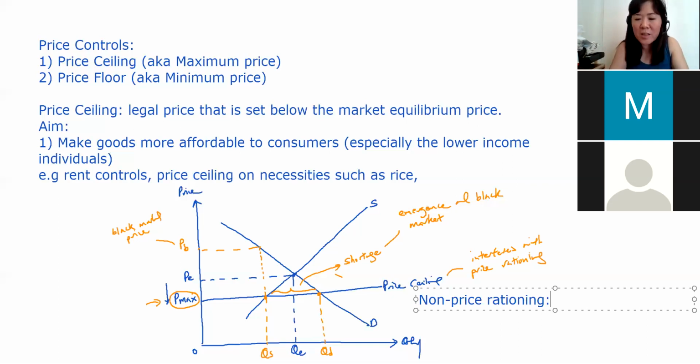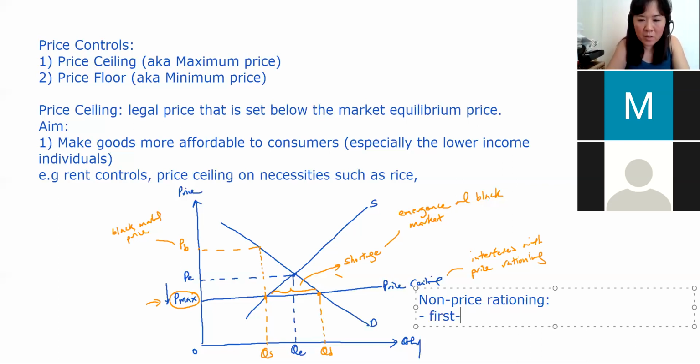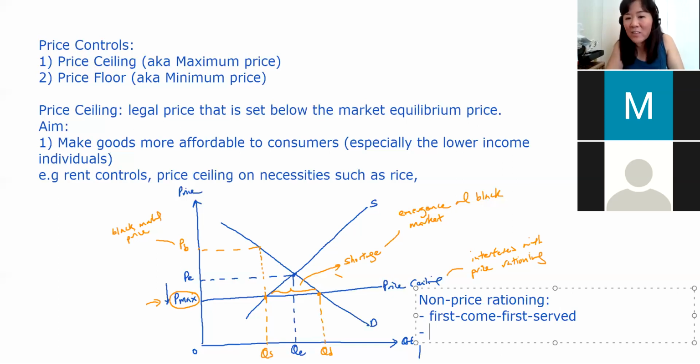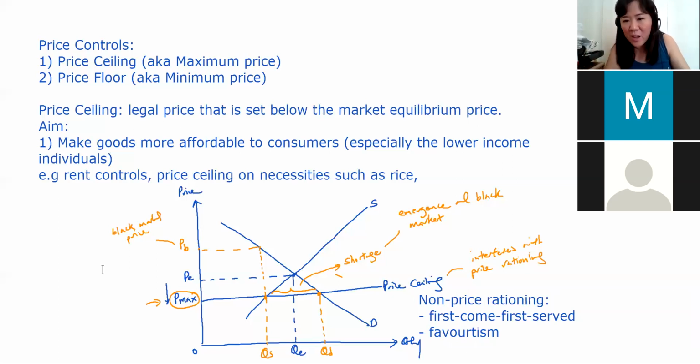So non-price rationing methods would probably involve things like first come, first served, where whoever is queuing up first will get the good. Or else, favoritism: the seller could sell the good to whoever they favor. This is quite different from price rationing.